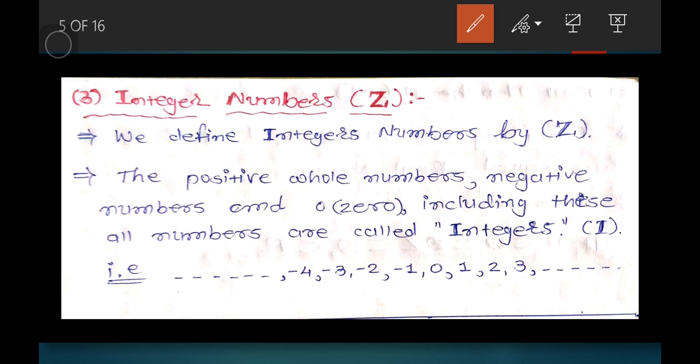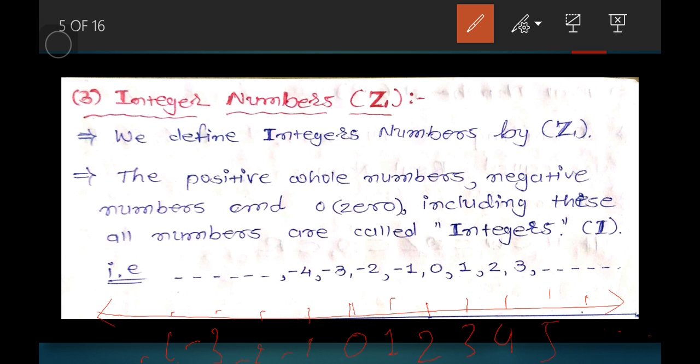About integer numbers, let us again draw a number line. In the middle is 0, on the right side 1, 2, 3, 4, 5 up to infinity, and on the left side of 0 on the number line there are negative numbers, that is -1, -2, -3, -4.